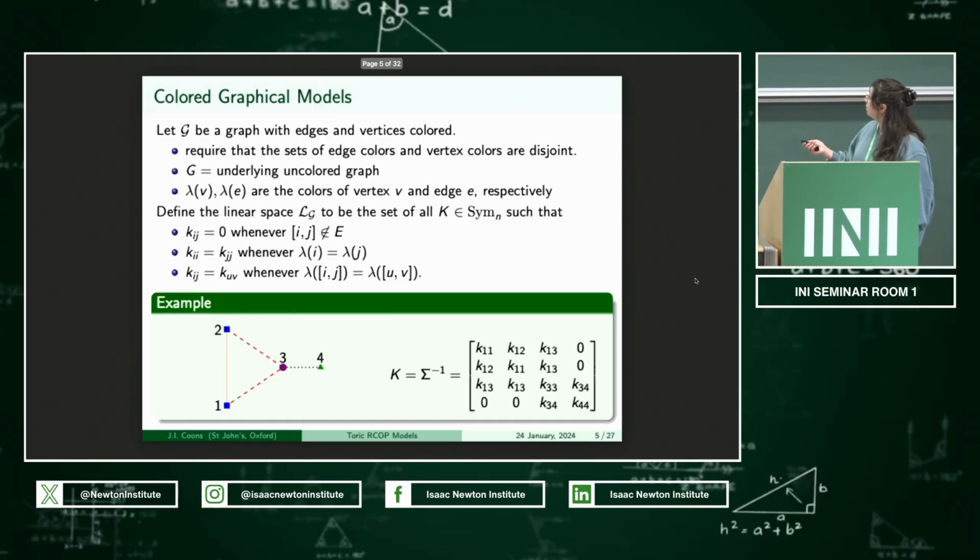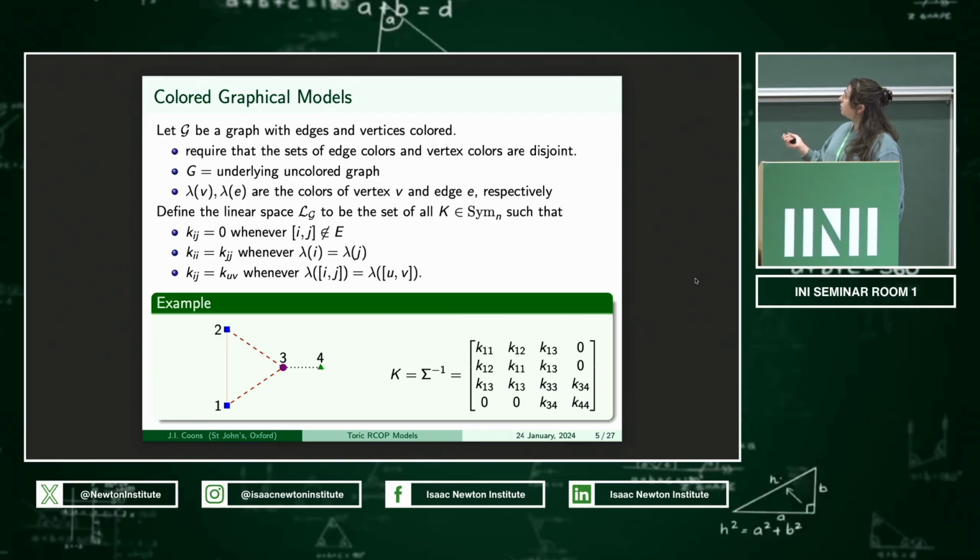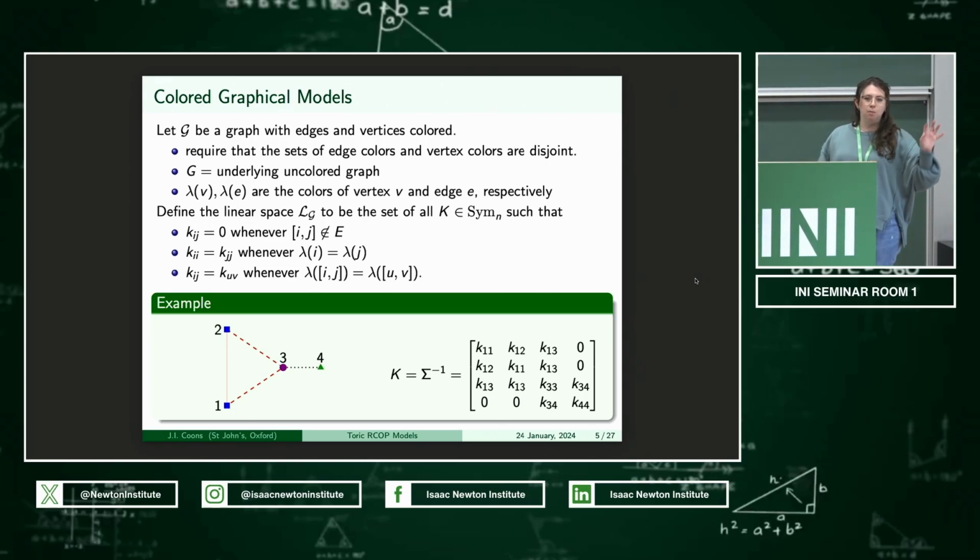Awesome. Okay. So now I'm going to add colors to this graph. I'm first going to color both the vertices and the edges, but I want to use different colors for both of those things, so I don't want any vertices to have the same color as an edge.